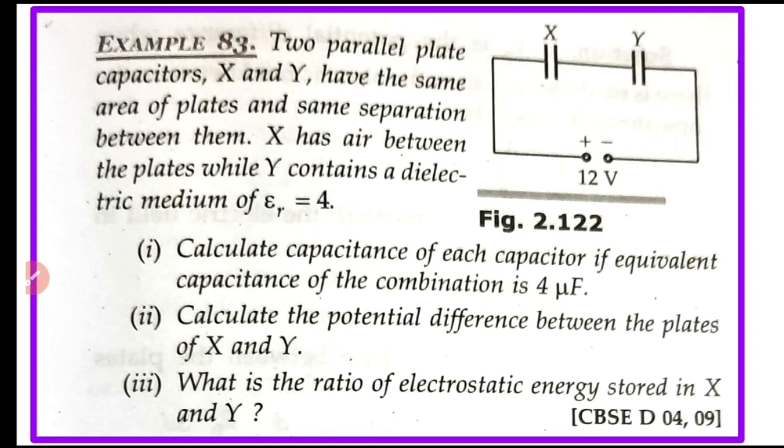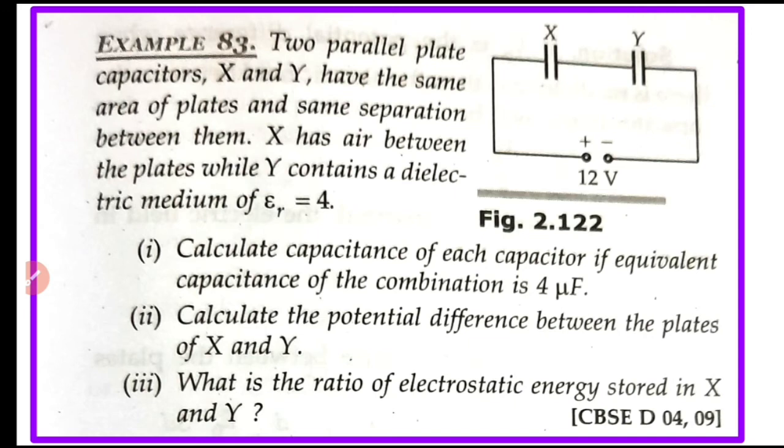Calculate the capacitance of each capacitor if equivalent capacitance of the combination is 4 microfarad. Calculate the potential difference between the plates of X and Y, and what is the ratio of electrostatic energy stored in X and Y. So it's a lengthy question. One by one we have to do.